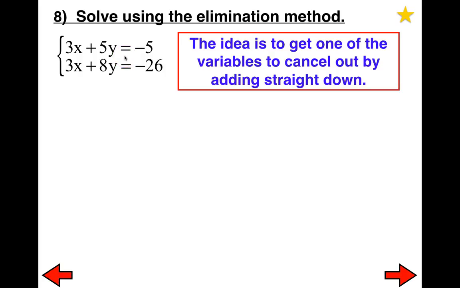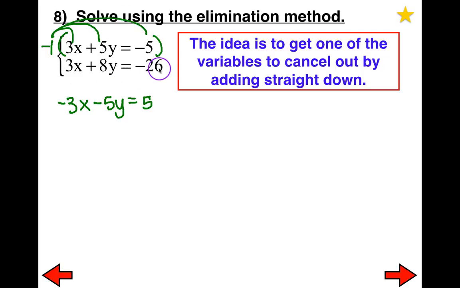So just be on the lookout for that. Right now it's pretty easy, but in the long run it's not always going to look this nice. So I'm going to go ahead and change the first by a -1. So this is going to change it to -3x minus 5y equals a +5.